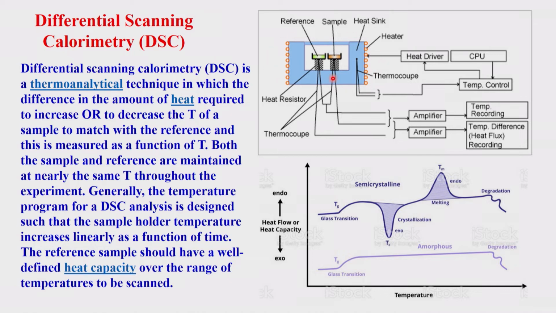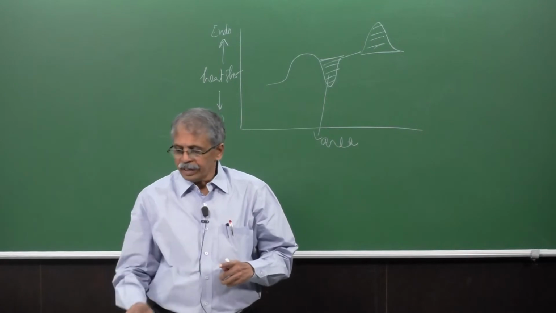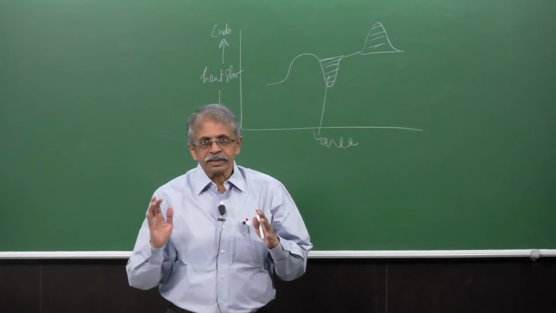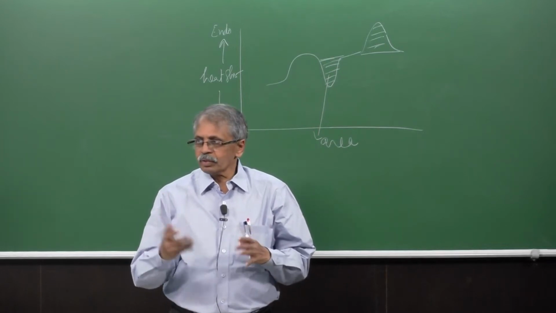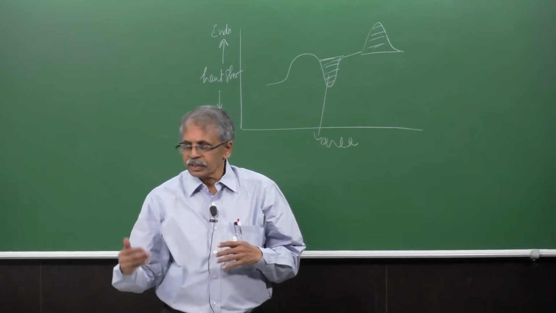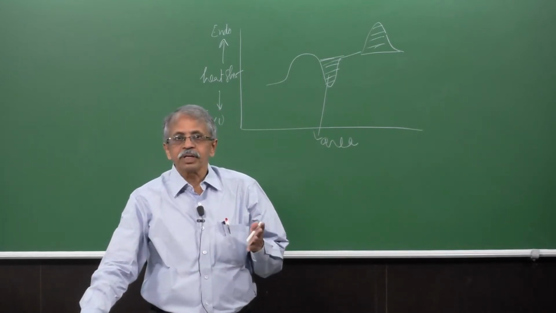Whether it is a reference or a sample, there is no change in the heating, but there is a change because something is happening in the sample, therefore you have a difference in the heat flow either in or out. I have stressed that I think several times when I was talking to you about differential thermal analysis. Now, when I am talking to you about differential scanning calorimetry, the principle is the same.